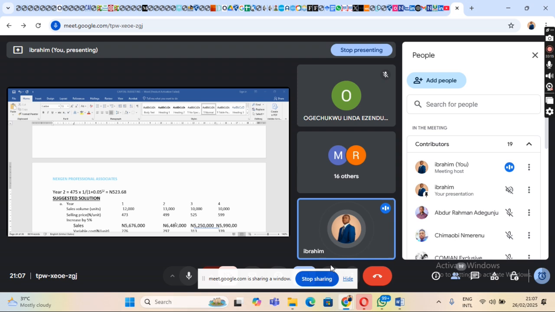When you want to calculate for month three, it will be raised to the power of 3, which will be a cumulative. So as the months increase, it becomes a cumulative, class.